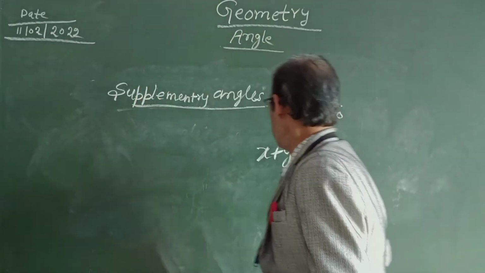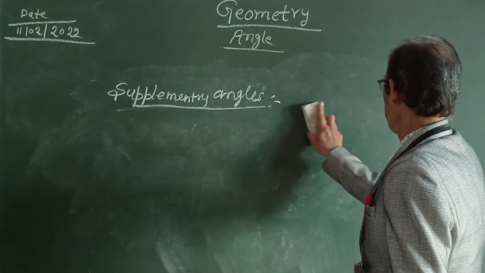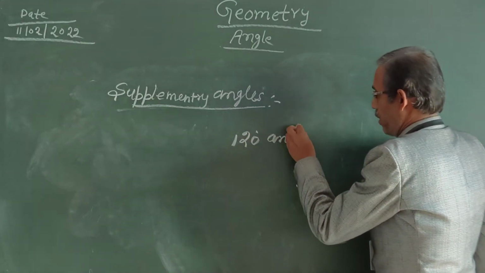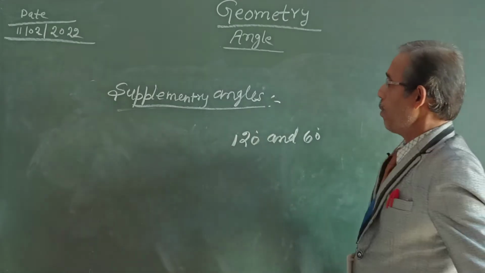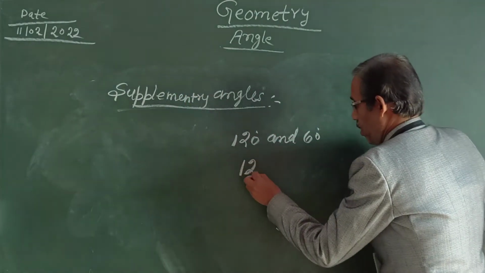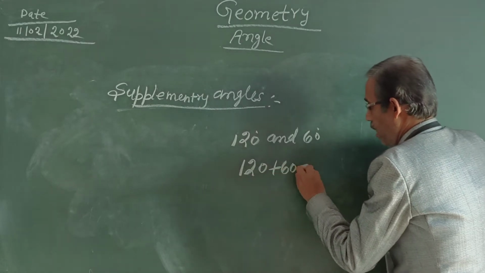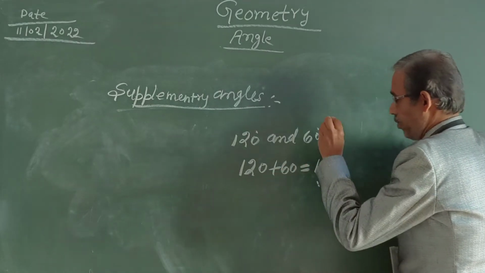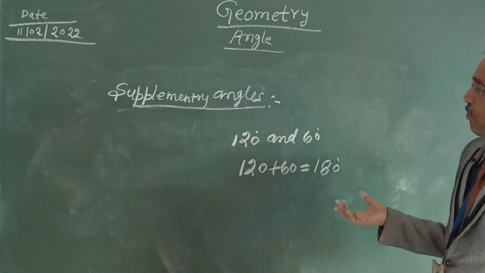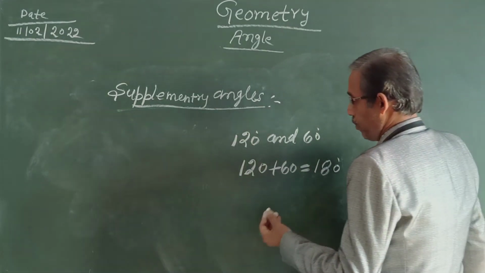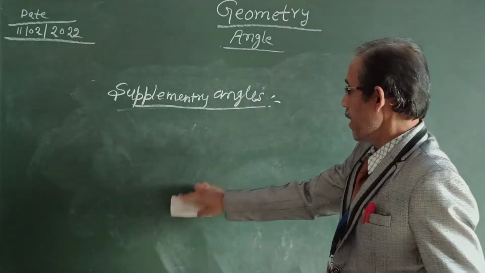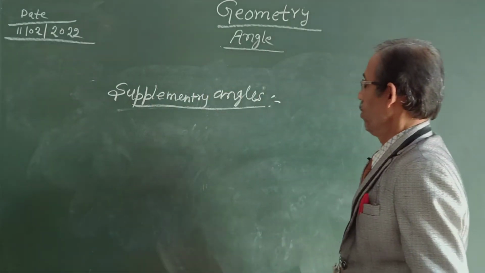Numerically, 120 degree and 60 degree are called pair of supplementary angles because sum of these two angles will be 180 degree. So 120 degree and 60 degree are pair of supplementary angles. I am taking one example.